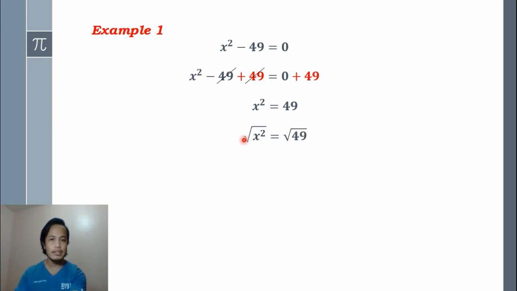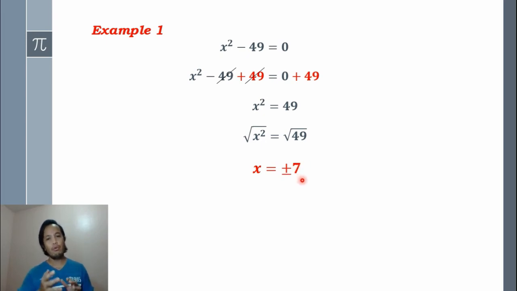In this case, just as I have mentioned earlier, the square root of x squared is just simply x. So we can cancel out the radical and the exponent too. So therefore, what remains is the x. Then equals the square root of 49 is of course plus and minus 7.